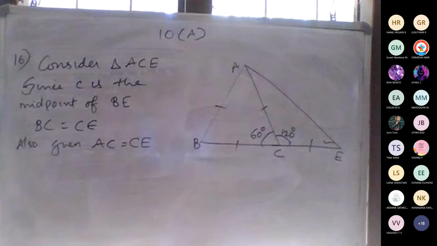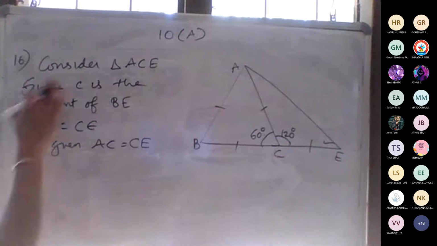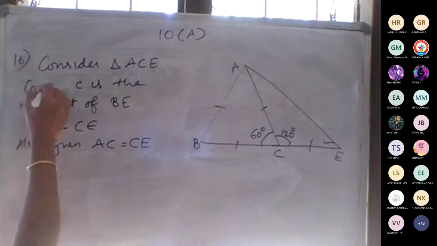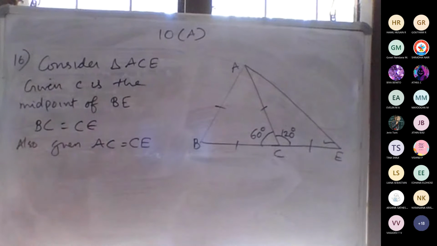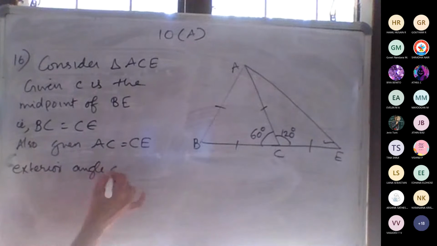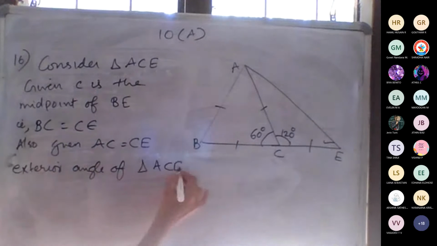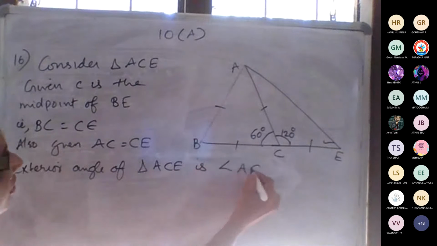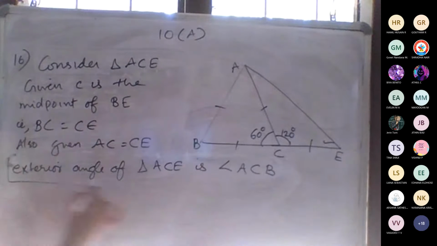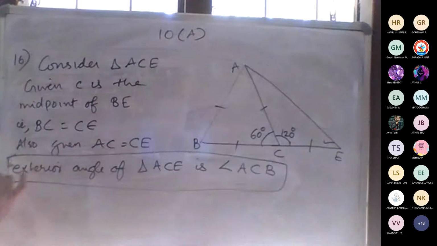The next step. Given is enough. Since given C is the midpoint of BE, that is BC is equal to CE. Also given AC is equal to CE. Then exterior angle. Consider triangle ACE. The exterior angle of triangle ACE is angle ACB.